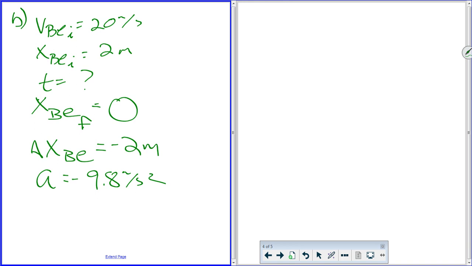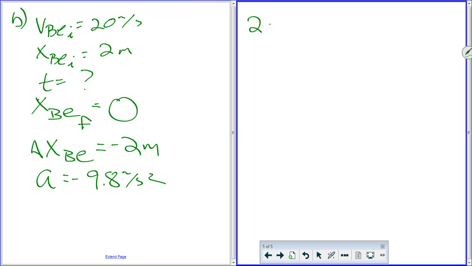So, there are 2 ways to do this. You can do it using the quadratic formula, which I actively dislike. Or you can use this guy to find your VF as it hits the ground, and then find the time to get to that VF. And the VI in that case would be VEI? Yes. Because relative to the elevator, that's our initial velocity.